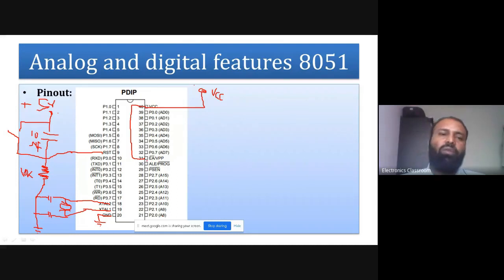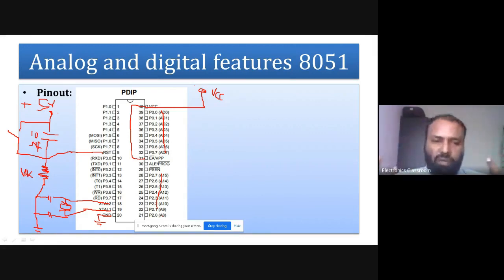So I will connect this pin to VCC and all those functions will be eliminated. Since I have connected this pin to VCC, I have told the microcontroller that I am not connecting external memory.